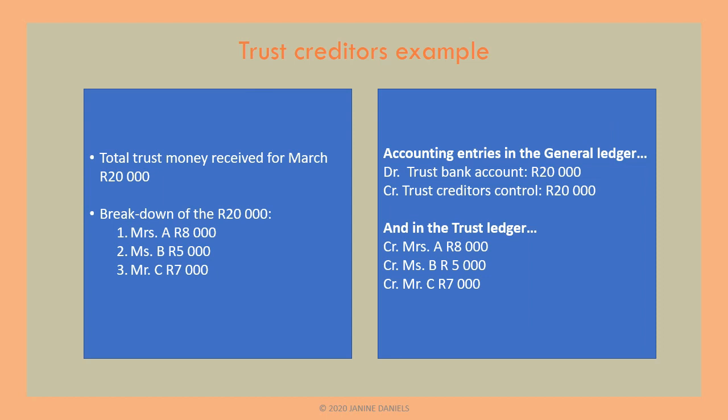And in the trust ledger, for further details about where this 20,000 Rand is coming from, we would credit Mrs. A with 8,000 Rand, credit Miss B with 5,000 Rand, and credit Mr. C's account with 7,000 Rand.